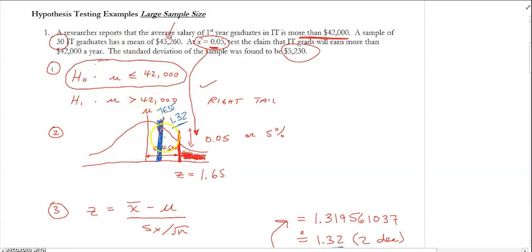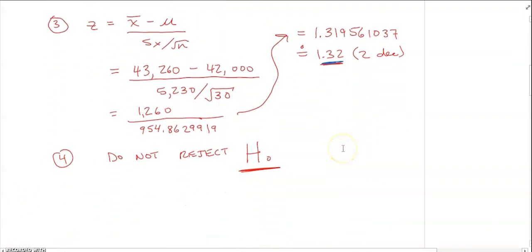We're not far enough away from 42,000, which is right here. We're not far enough away in terms of standard deviation and size of the sample to actually state that we're further or larger than $42,000. So the standard deviation and sample size play a huge role in determining our outcome. So we do not reject H naught.